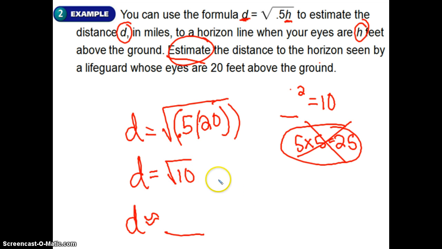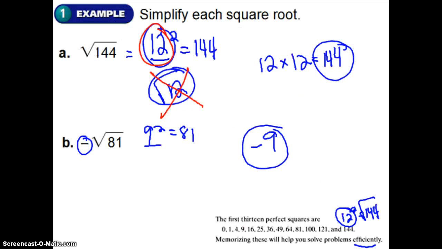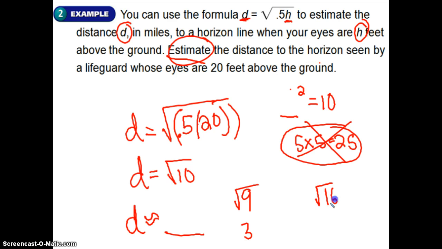What about the perfect square 9? What's the square root of 9? Well, the square root of 9 is 3. Okay, what's the next perfect square that comes after 9? Well, let's see, 9, 16. What's the square root of 16? 4. So the square root of 10 has to be somewhere in between these two numbers.